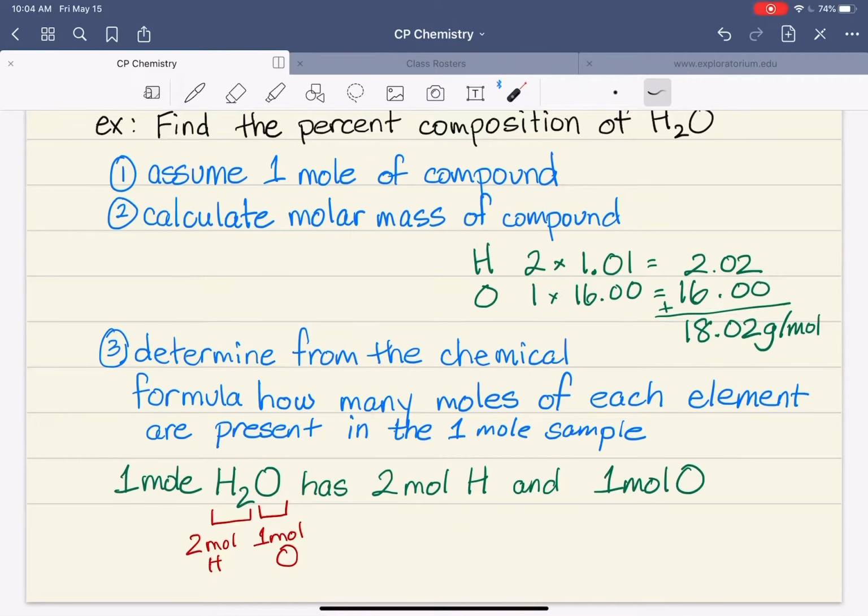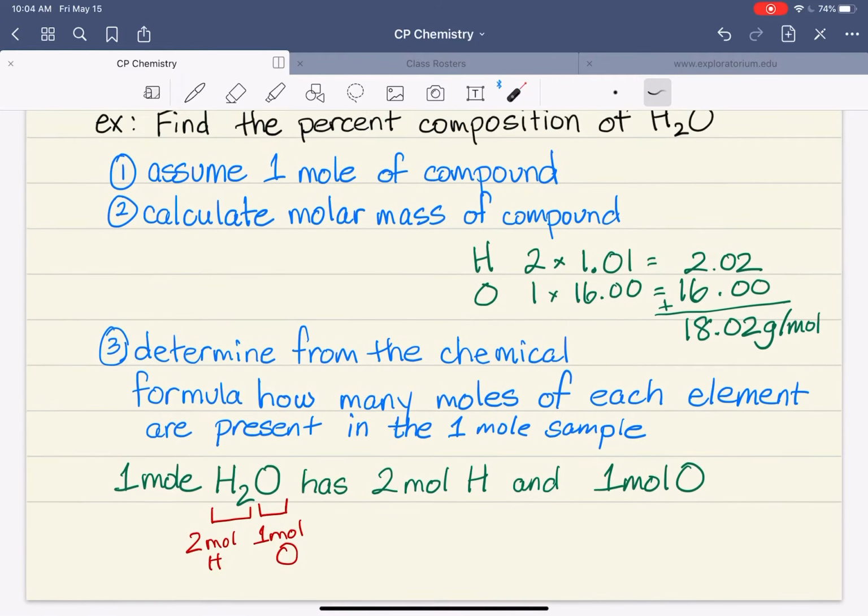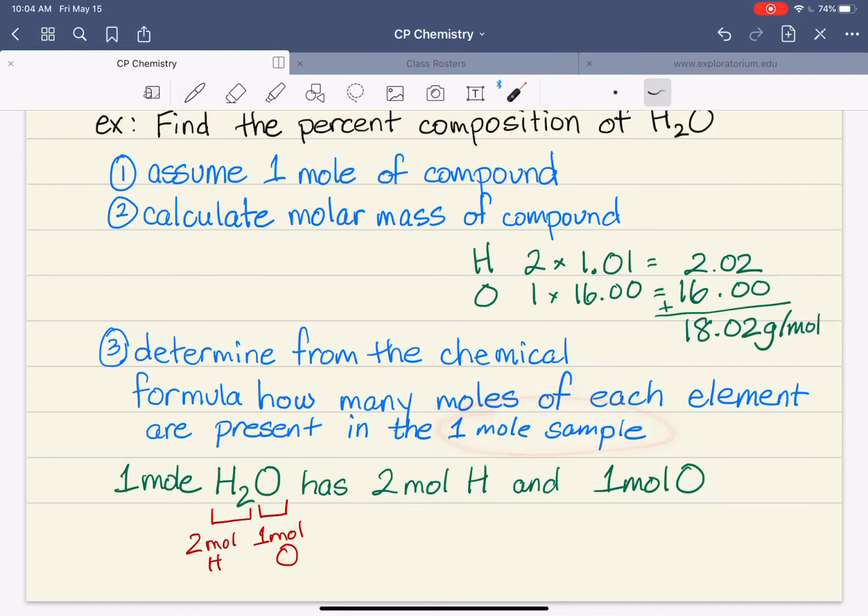All right, so now that I've got the molar mass of my compound, I can determine from the chemical formula how many moles of each element are present in my 1 mole sample.